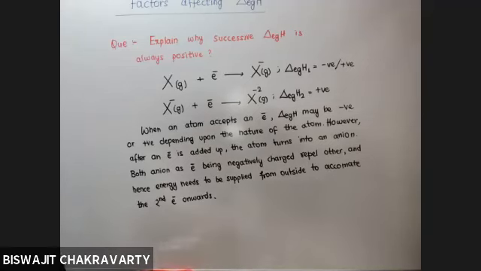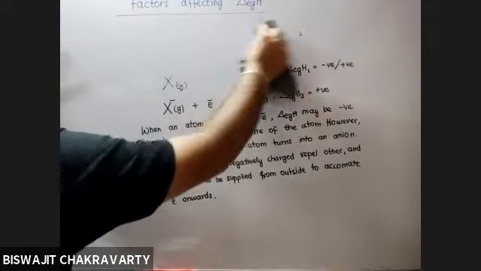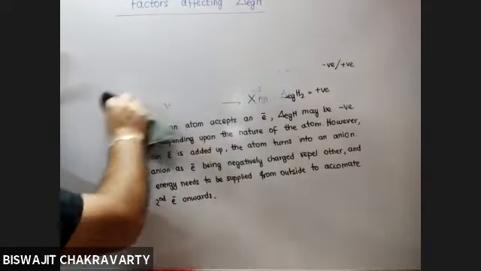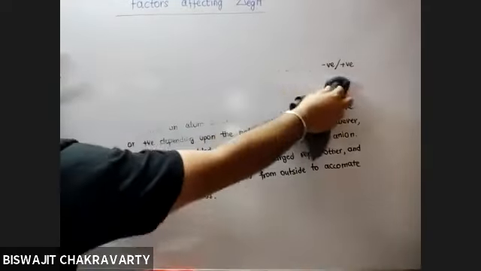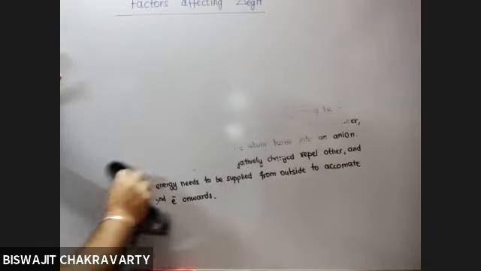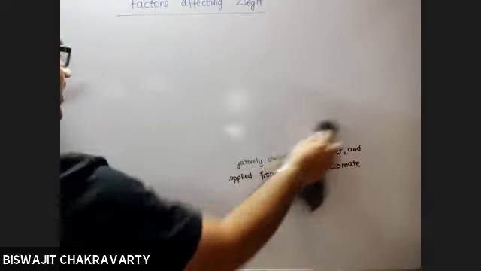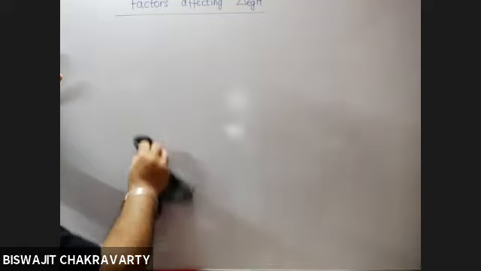Yes, sir. Yes, sir. So thus we say that electron gain enthalpy is actually a property that helps us to understand the tendency of an atom to gain an electron.